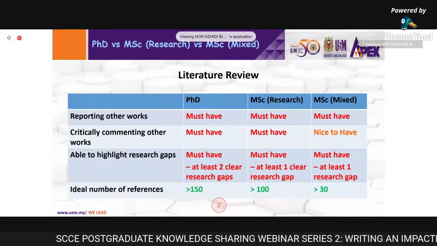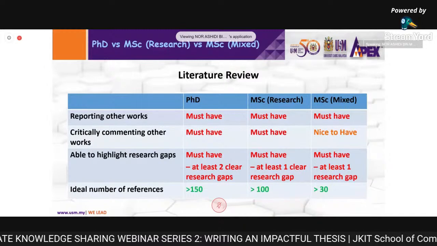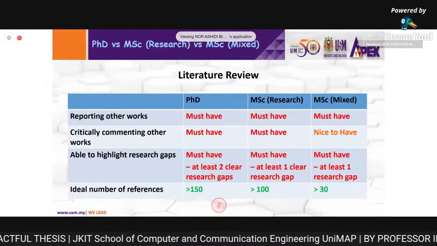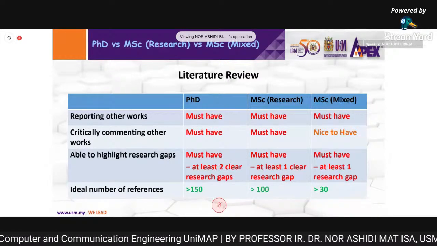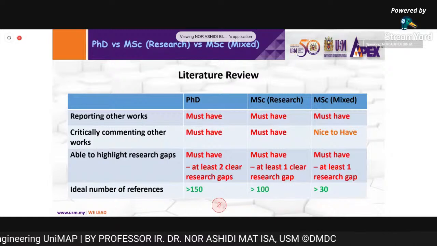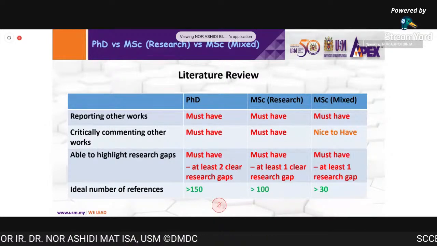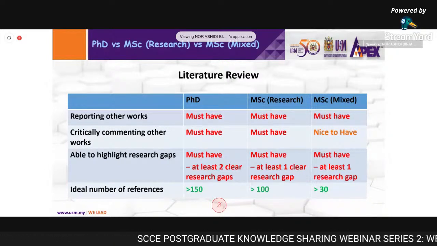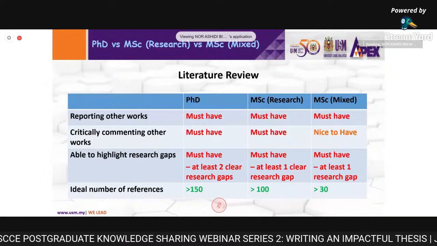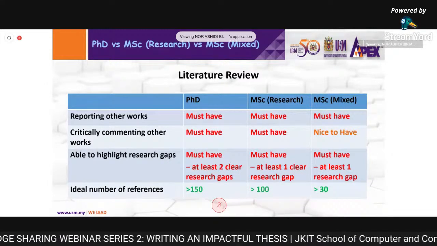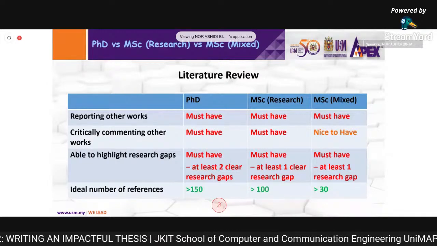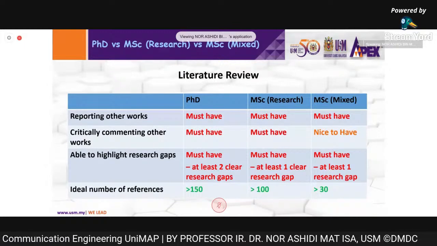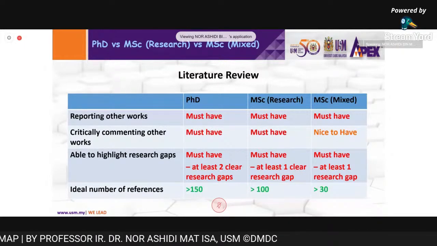And another issue is that students often fail to get current or latest references within their research area. So they try to add more references for the latest years, let's say 2019, 2020, but they put them as still a general statement.